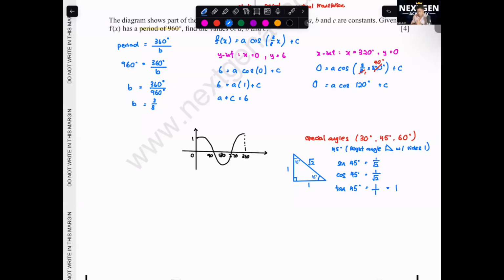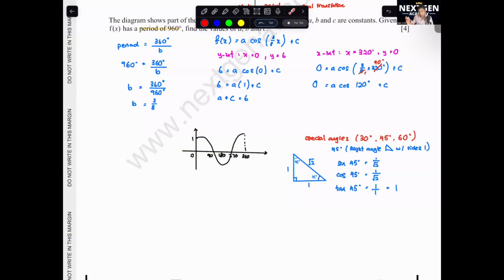This question: what is cos 120 degrees equivalent to, based on this special angle? If we go back to our ASTC and if we understand the property of sine and cos, which is also taught in your textbook: if you add up two angles and they equal 180 degrees, their cos values will be equivalent to each other, but one will be the negative of the other.